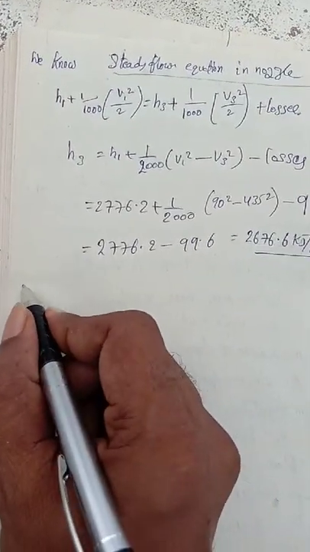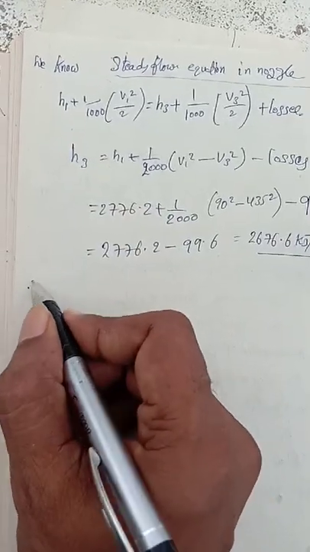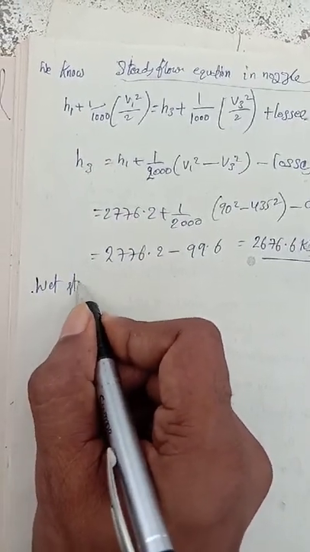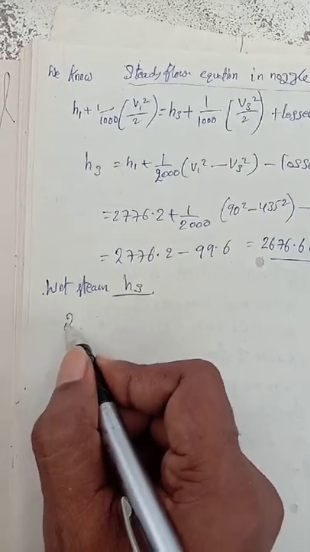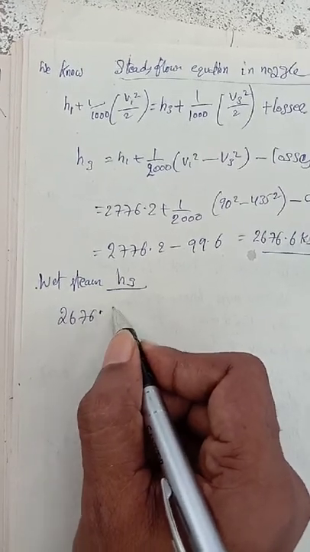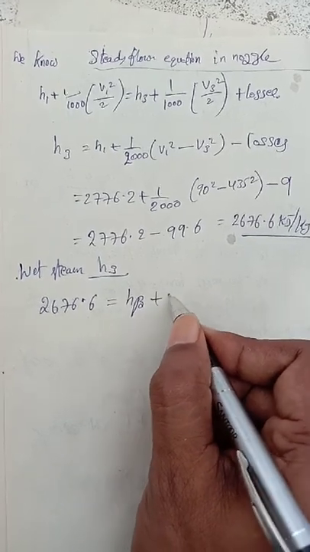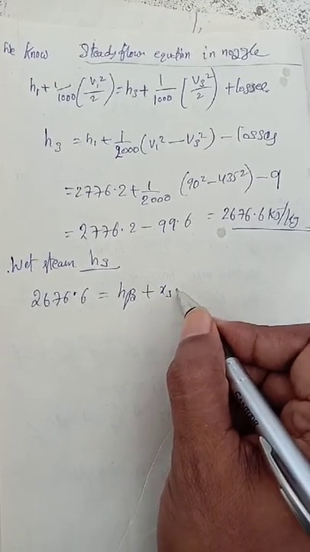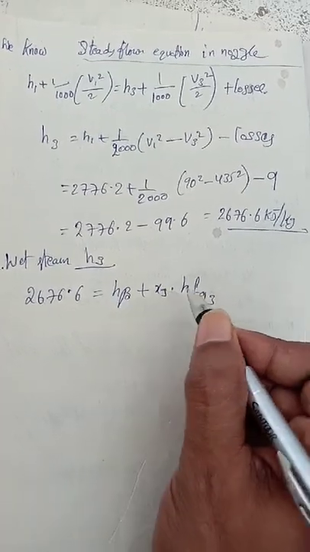Okay. Now we also know the enthalpy of wet steam h3. Wet steam h3 is equal to hf3 plus x3 times hfg3.